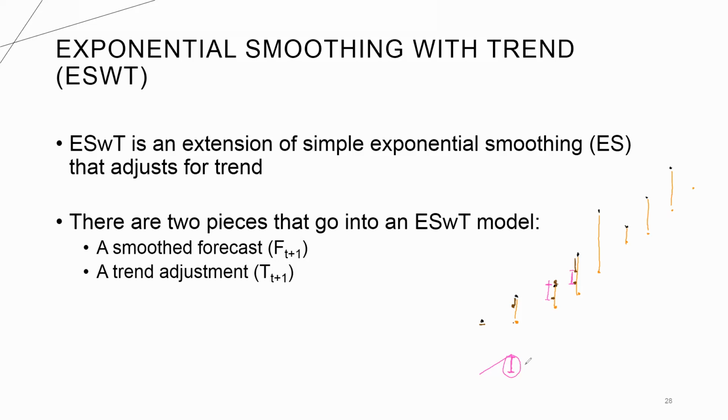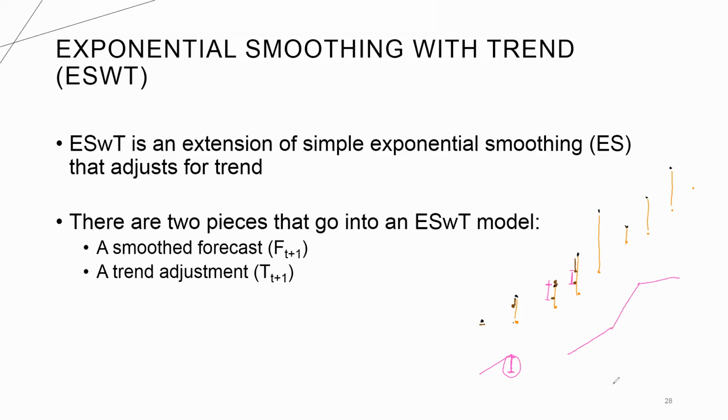We don't want to adjust the trend too fast, right? But what we might find is that in our data, for one part of the data, the data might have a certain slope, maybe it looks like this, but then it goes steeper for a different part of the data, or it goes shallower. So we want to be able to take our trend adjustment and adjust it over time.